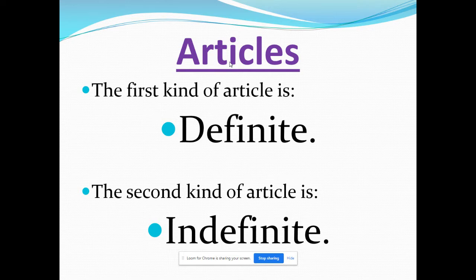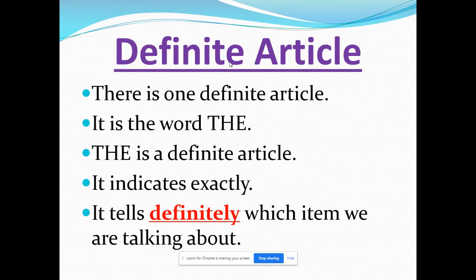The second kind of article is indefinite, okay, because it's going to be talking about something that is not exactly something. I know it might tend to be a little difficult to understand right now, but we're going to see some more examples and definitions right here.